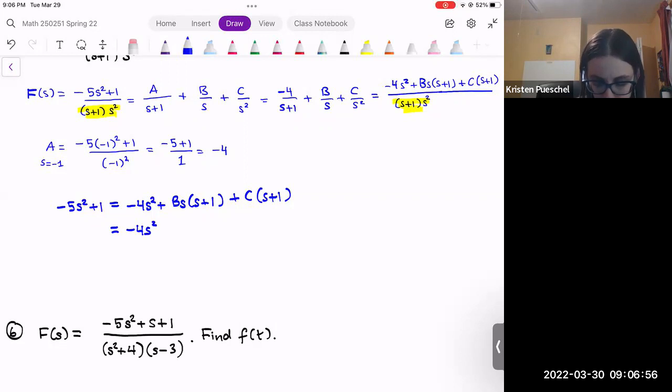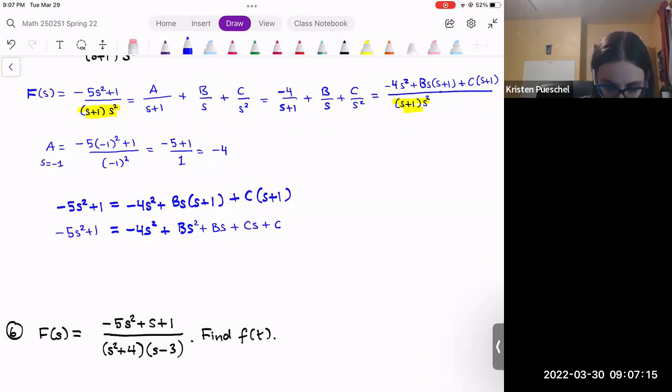Here, if we group together the powers of s squared, we have negative 4s squared plus bs squared plus bs plus cs plus c is supposed to be equal to negative 5s squared plus 1.